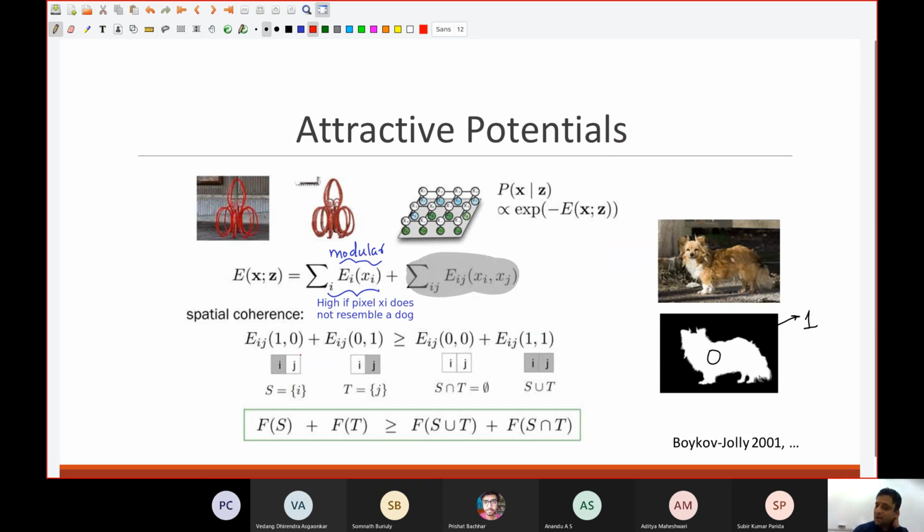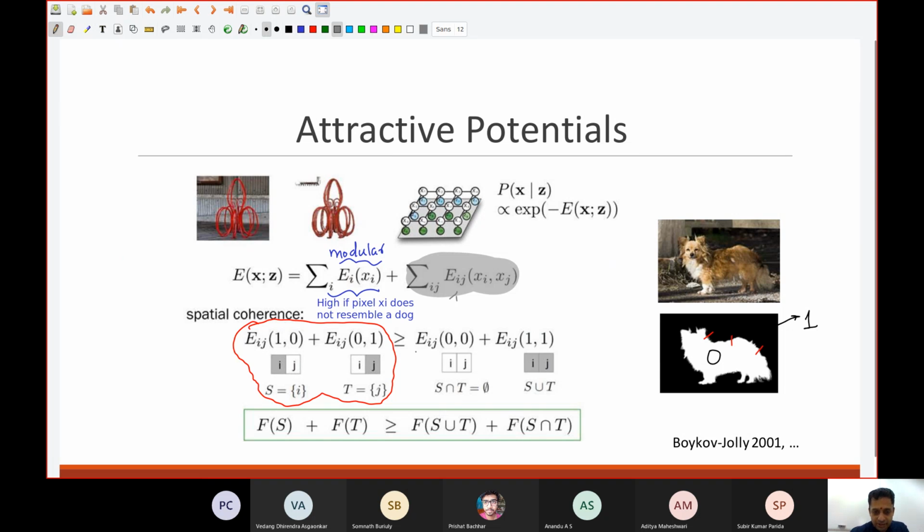We are saying that Eij10, if I go from 1 to 0 here, these are all 1 to 0, or 0 to 1, the cuts should be greater than or equal to the energy associated with being within a region.